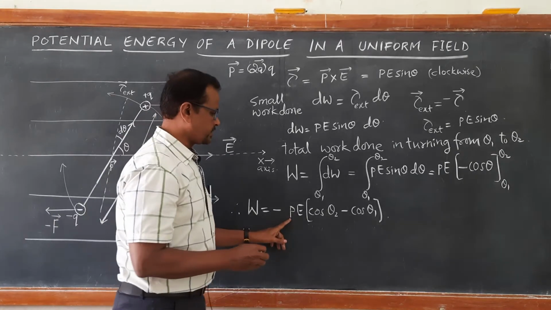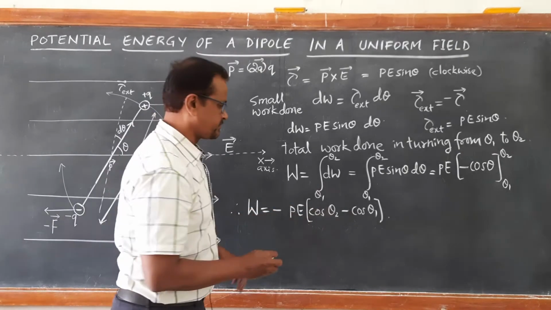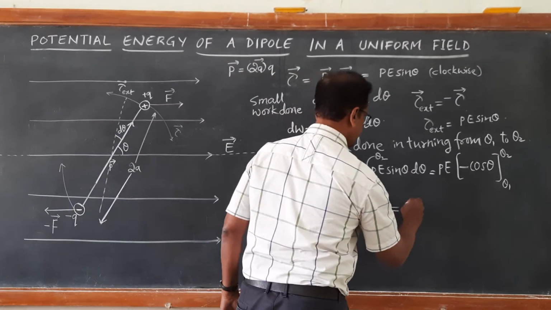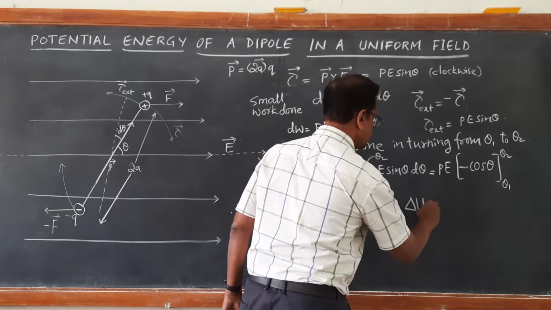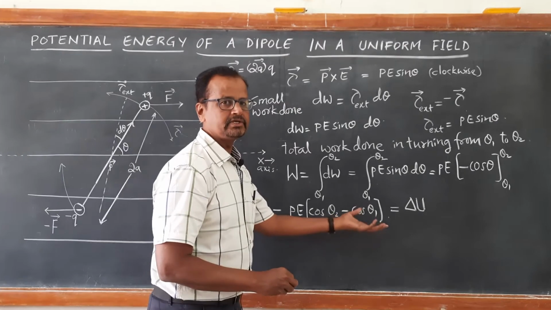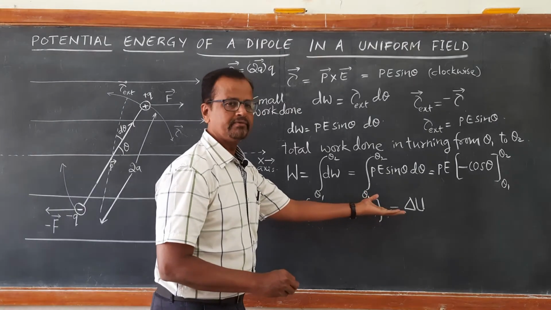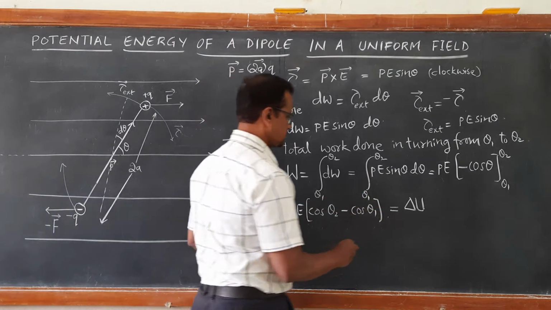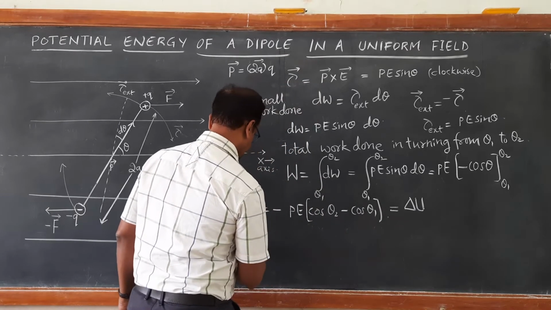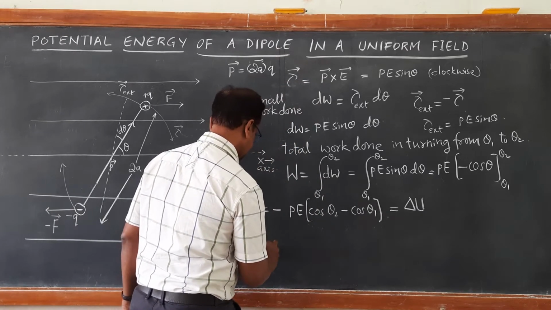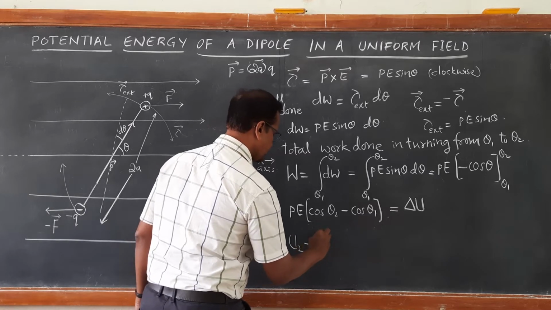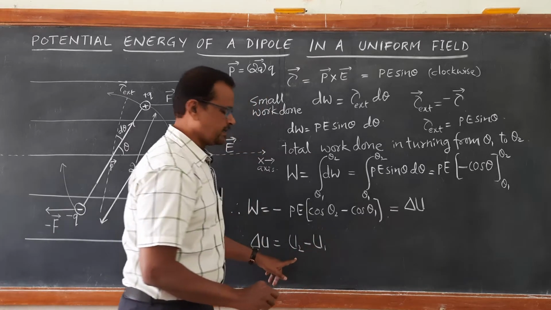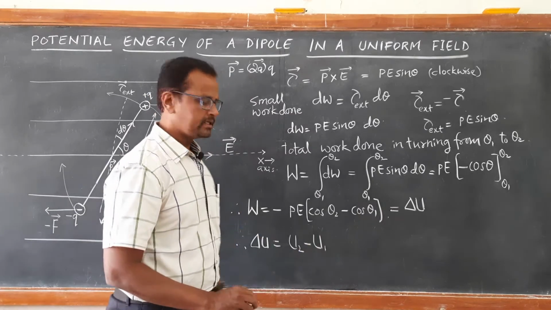So, this I am calling the potential energy difference, and I am writing it as delta U. Delta represents change in potential energy, or difference in potential energy. So, this delta U, I will write as equal to U2 minus U1, final potential energy minus initial potential energy.